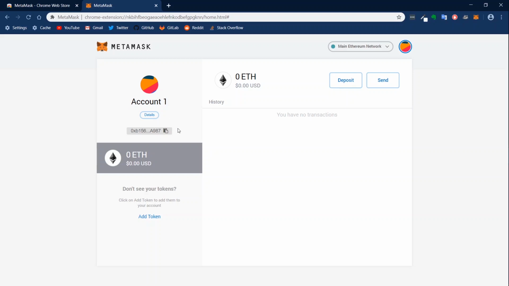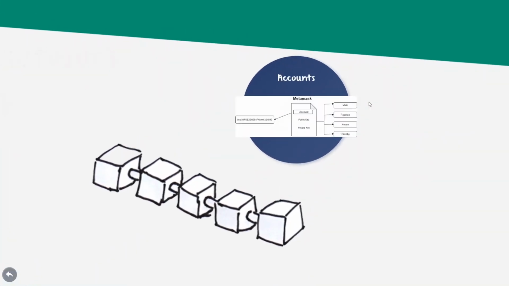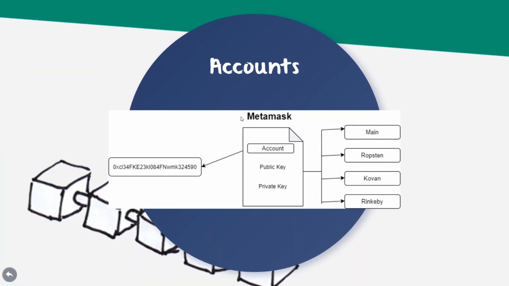Now let's have a look at Ethereum addresses. What MetaMask is doing for us is creating an account address, a public key and a private key. You need all of those components to interact with the Ethereum network. As we've mentioned before, the account can be seen as an email address or username. You can share this number or sequence of characters with anyone in the world.